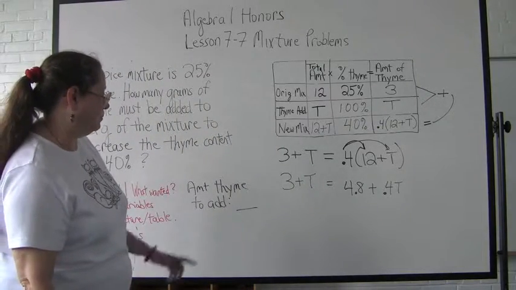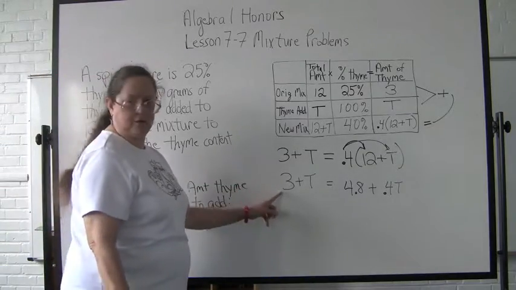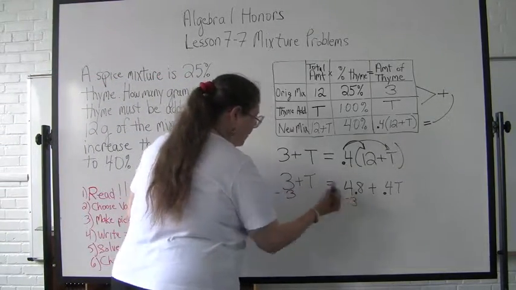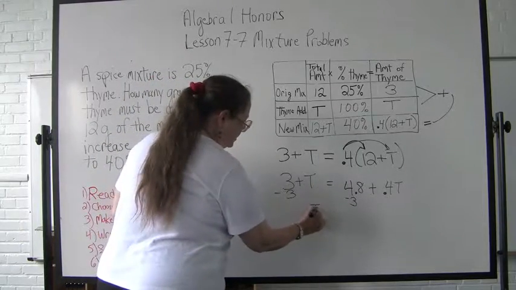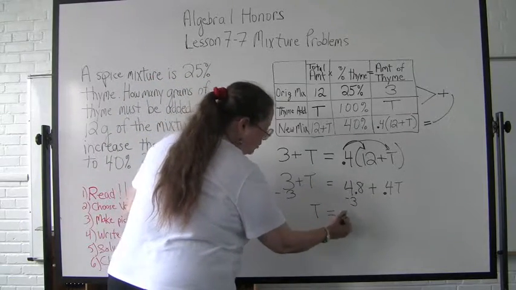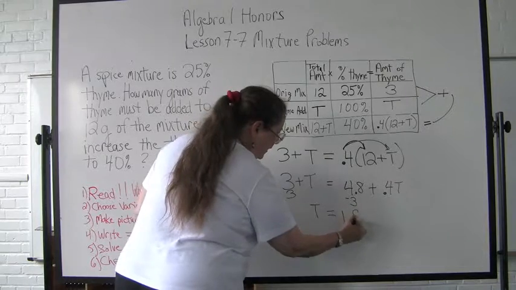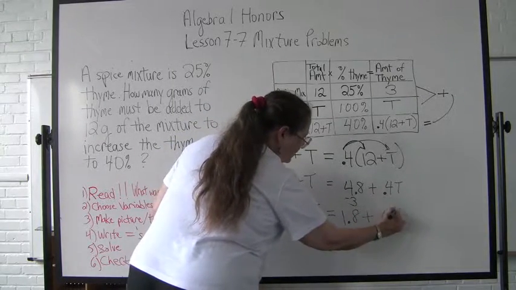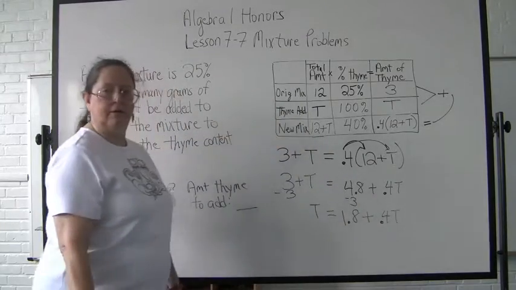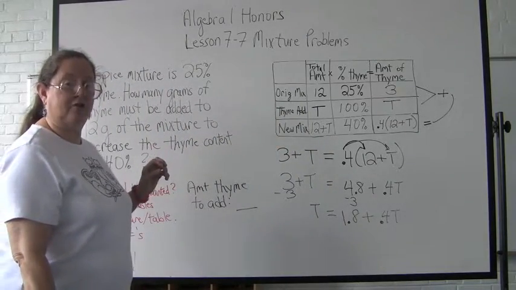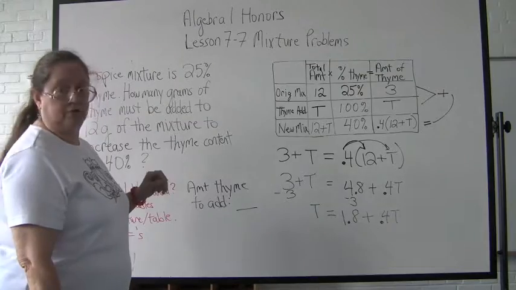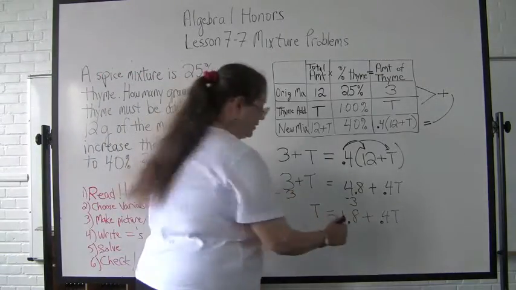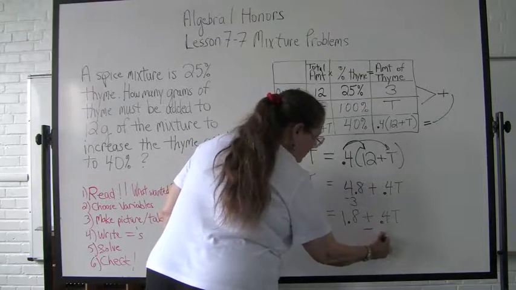Let's get rid of our 3 over here. We'll subtract 3 from both sides. When I do that, I'm left with t equals 1.8 plus 0.4t. So that I keep a positive coefficient in front of my variable, I'm going to subtract the 0.4t from both sides.